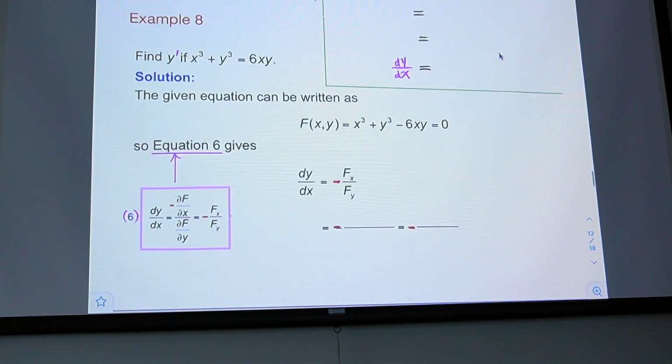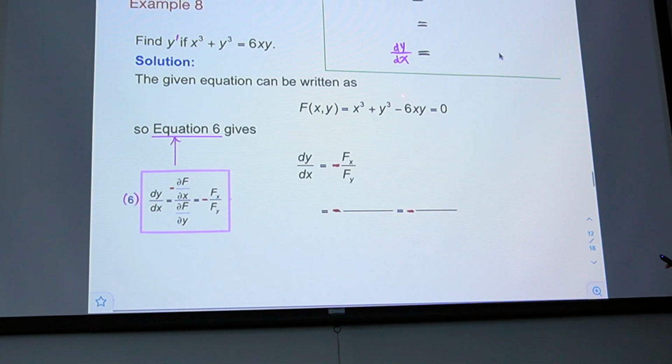So this y is defined implicitly as a function of x. Over here you didn't write y equal to a function of x, but it is implicit. This equation defines y implicitly as a function of x.